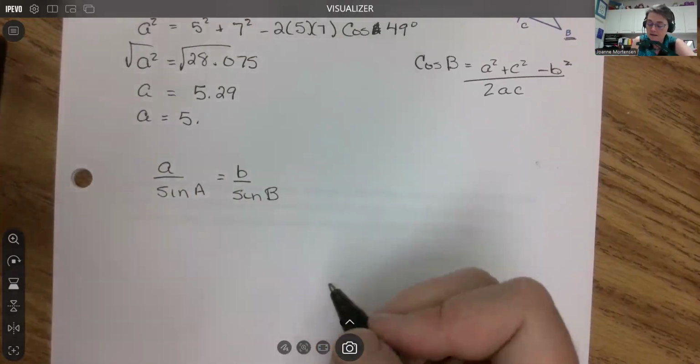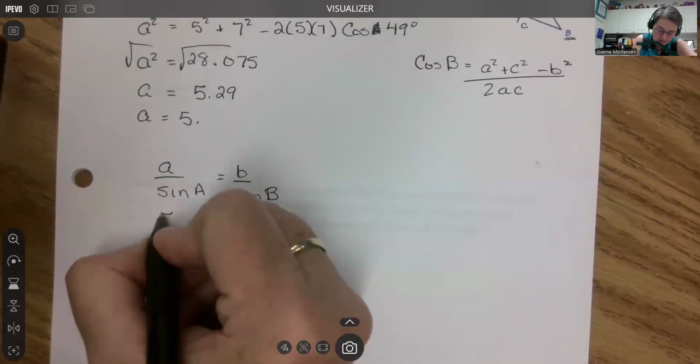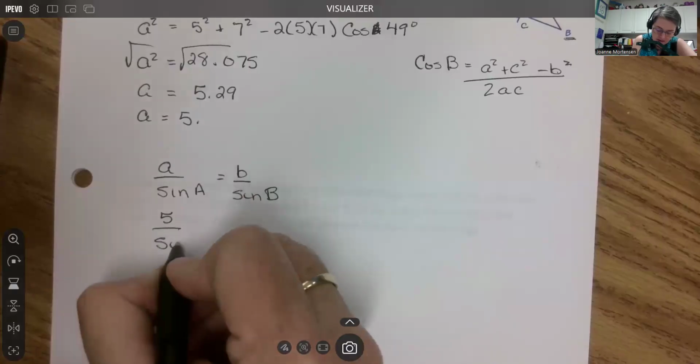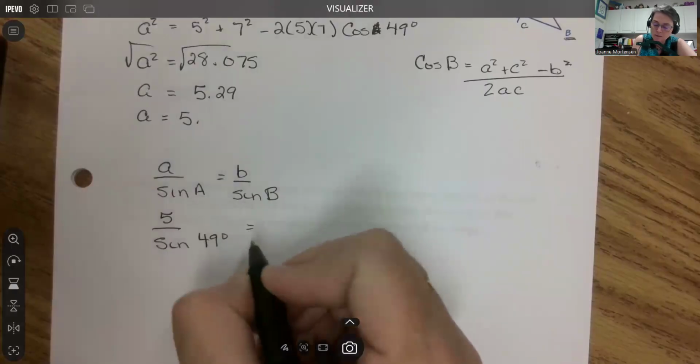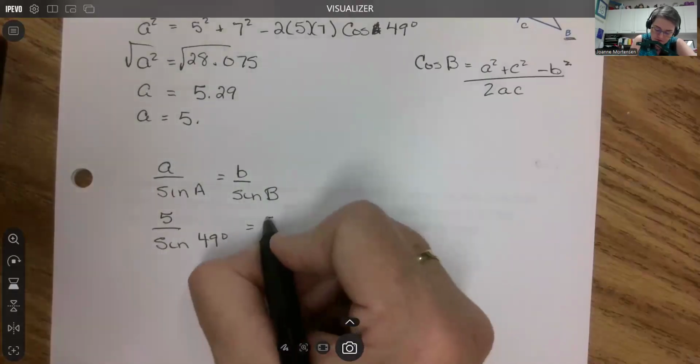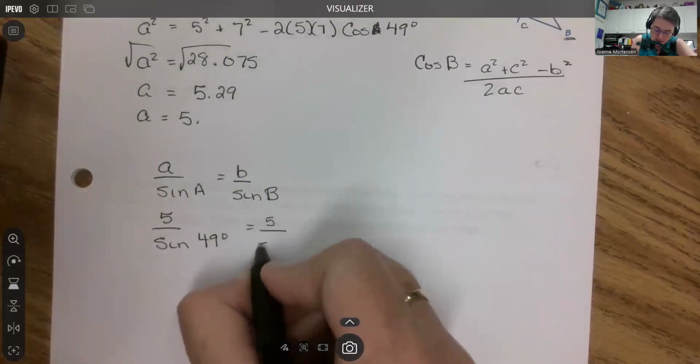So a is 5 over sine A, 49 degrees, is equal to b, which is 5 over sine B.